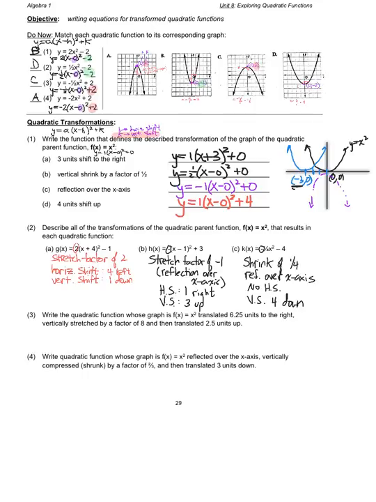So for number 3, we're talking about writing the quadratic function whose graph is translated 6.25 to the right, vertically stretched by a factor of 8, doesn't say anything about a reflection, and then translated 2.5 units up.